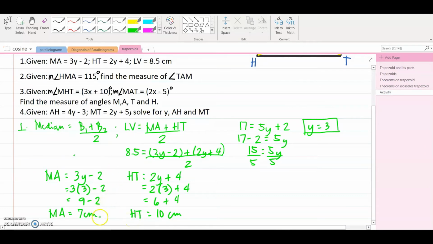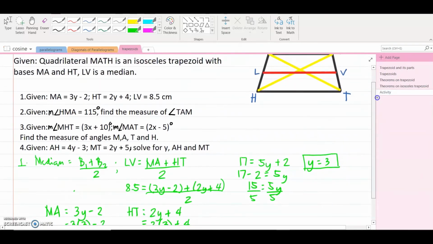So the bases are 7 and 10, and of course the median is correct at 8.5 since it has the equal difference from 7 to 8.5, which is 1.5, and 8.5 to 10 centimeters, which is also 1.5.